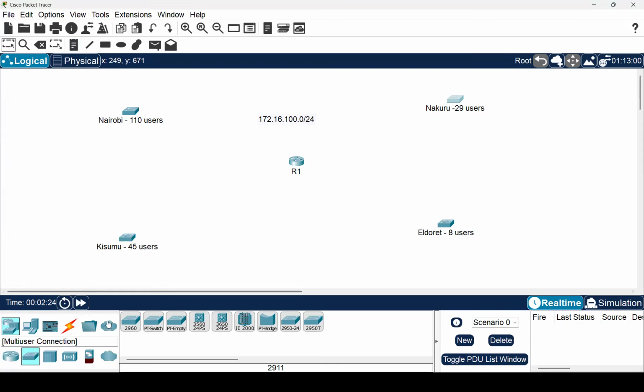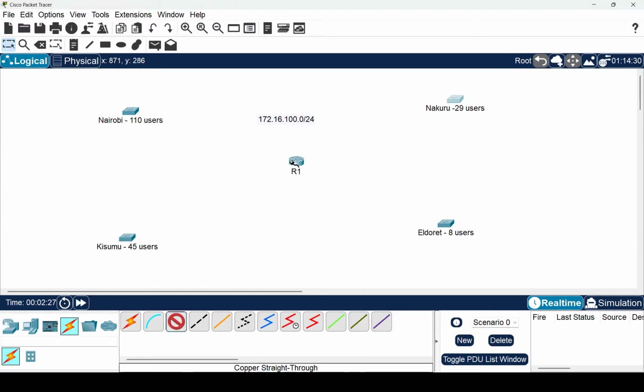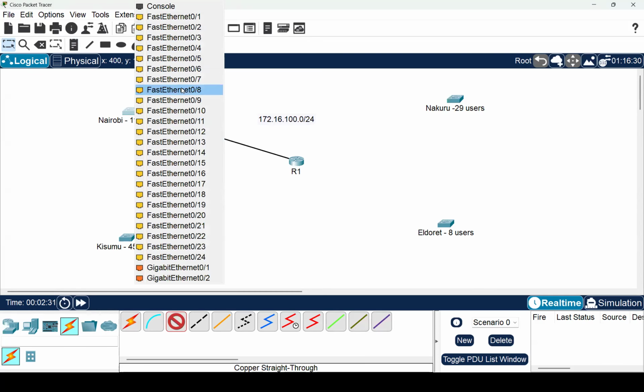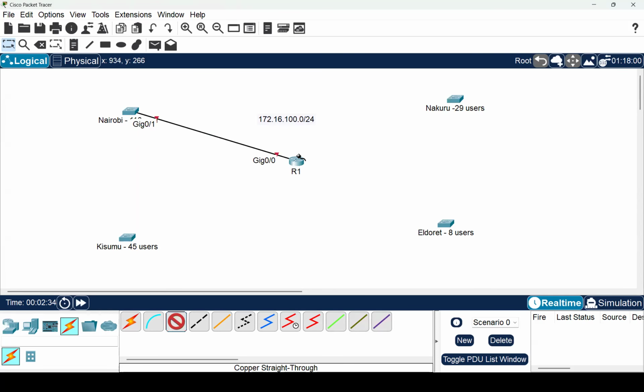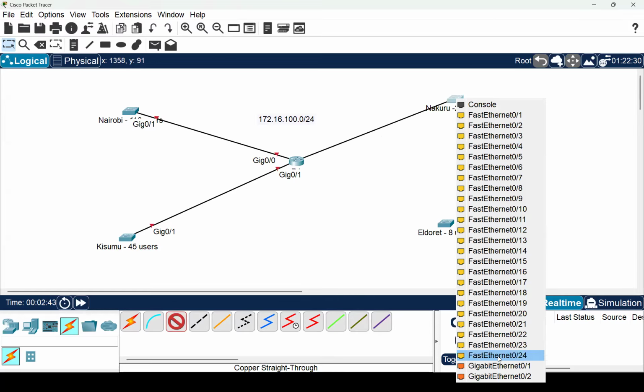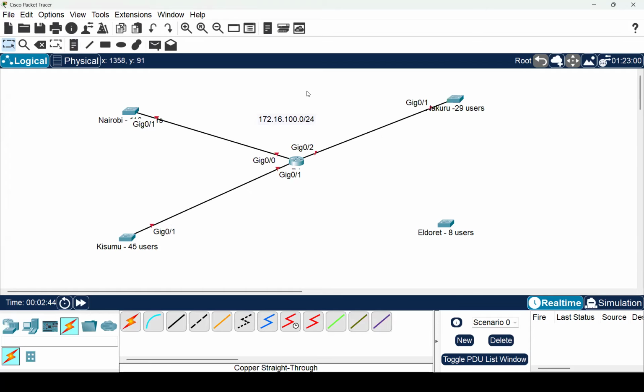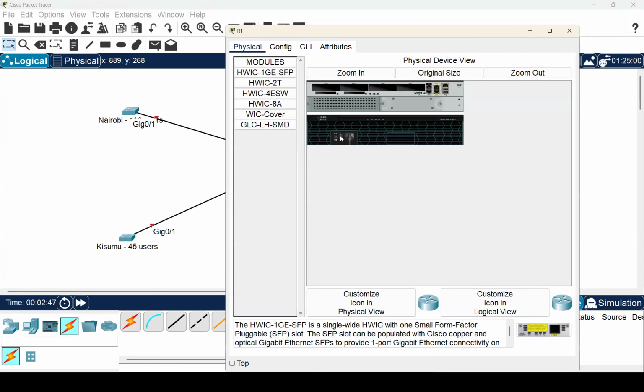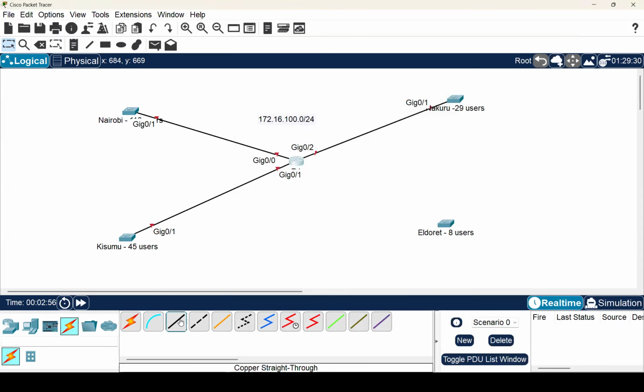Well, I can even connect the branches. Okay, I have only 3 interfaces, so I'm going to miss one, but I'm going to try and add a serial interface. I can add a serial interface here. Switch it off, add it here. And one of those connections will be a serial connection.